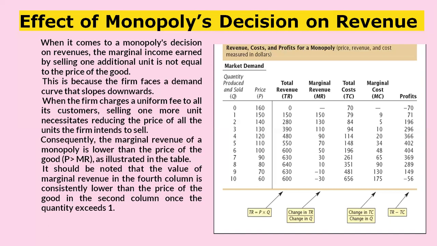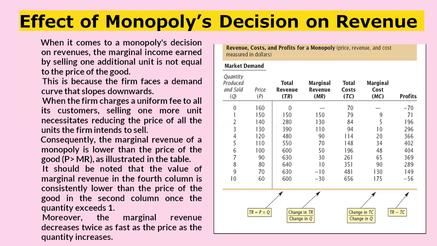It should be noted that the value of marginal revenue in the fourth column is consistently lower than the price of the good in the second column once the quantity exceeds 1. Moreover, the marginal revenue decreases twice as fast as the price as the quantity increases.